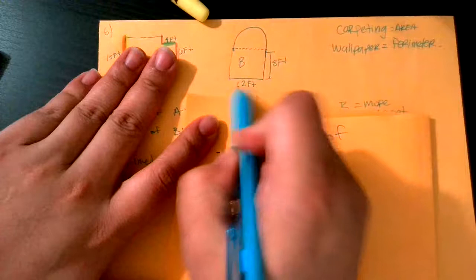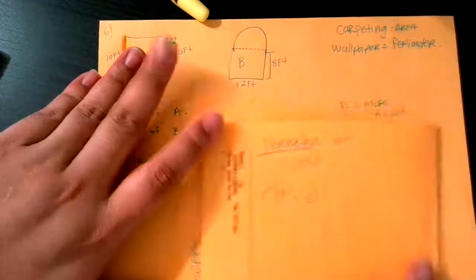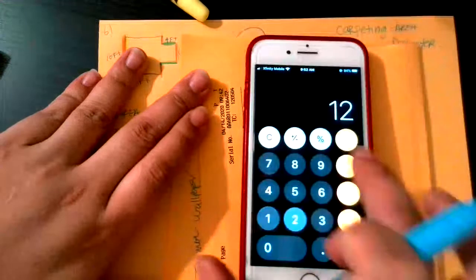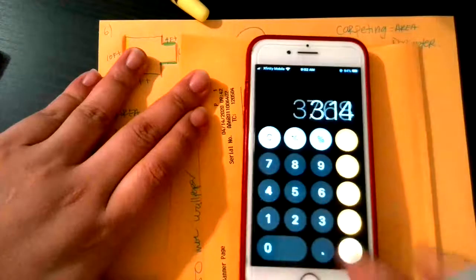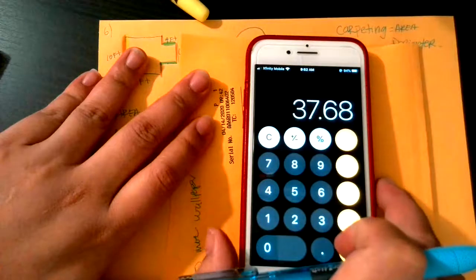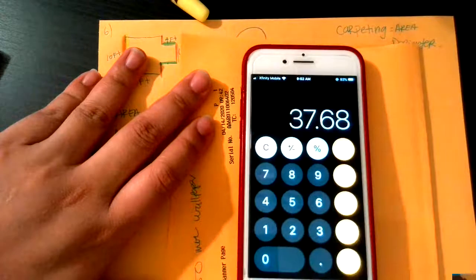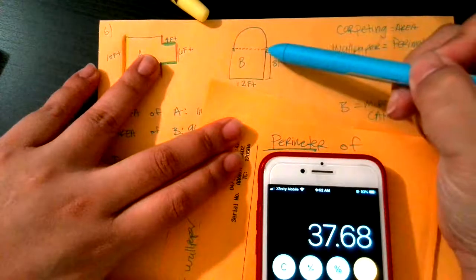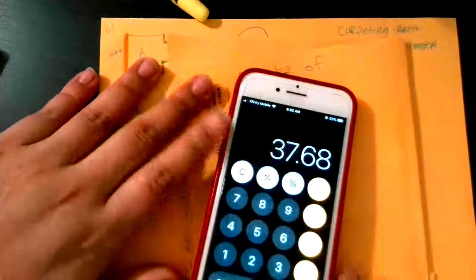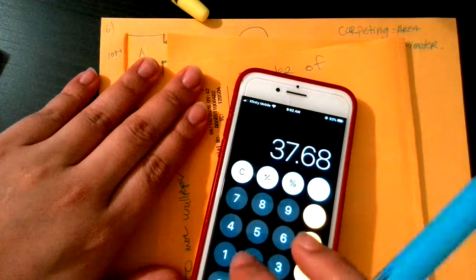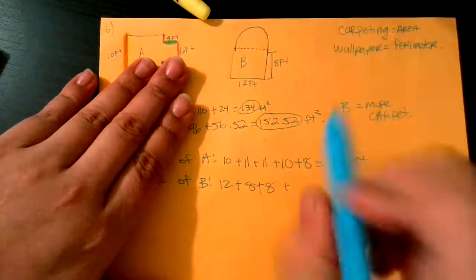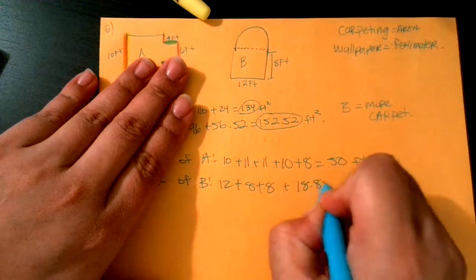Diameter is 12, like we already discussed. So 12 times 3.14 is 37.68. But that would be the circumference of the entire circle. Don't forget, this is only half of the circle. So you have to do 37.68 divided by 2 for 18.84. So plus 18.84.